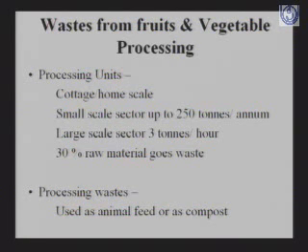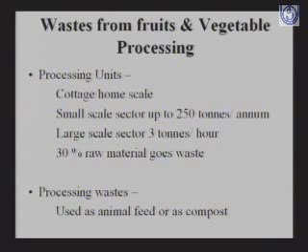How this waste can be utilized is an important point. Processing waste is generally used as animal feed or compost, but if we can add value to it, we can reduce the cost of processing and generate more funds for the processor and the farmers.